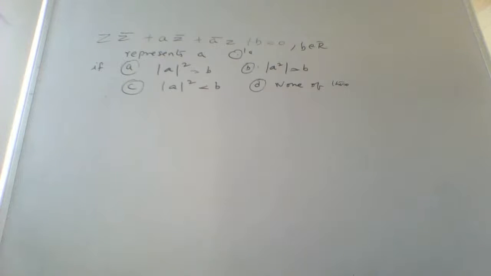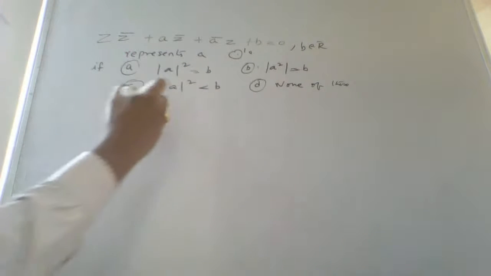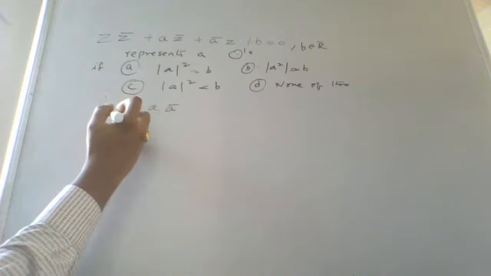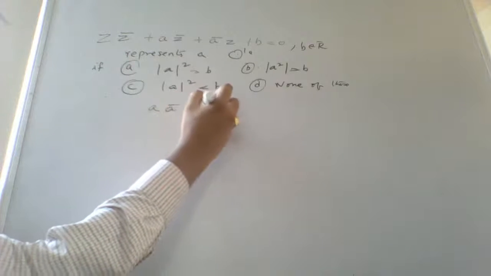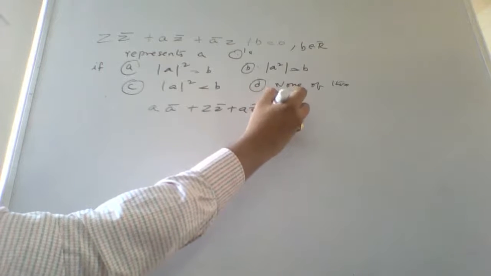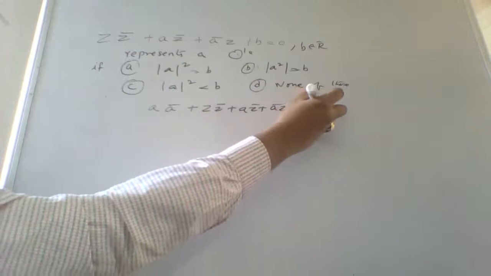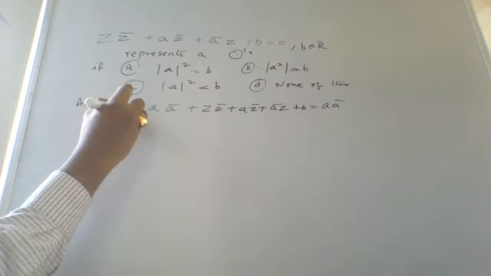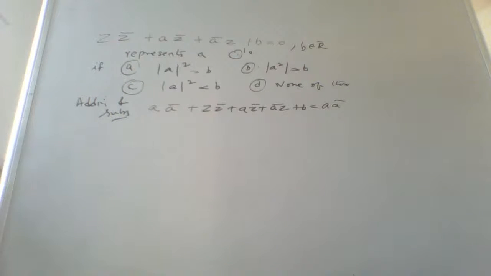Now, if I add and subtract a bar a on both sides, I get a z bar and a bar z plus b is equal to a bar a.